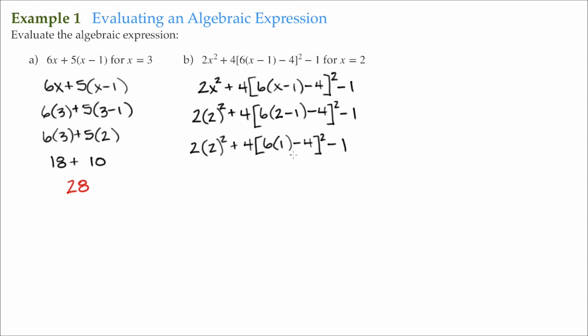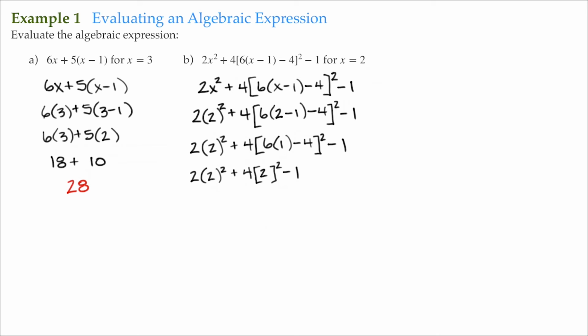Do within the grouping symbol first. 6 times 1, we do the multiplication first. 6 times 1 is 6 minus 4. 6 minus 4 is 2, so this becomes 2x plus 4. This is now changed to 2, all over squared minus 1.